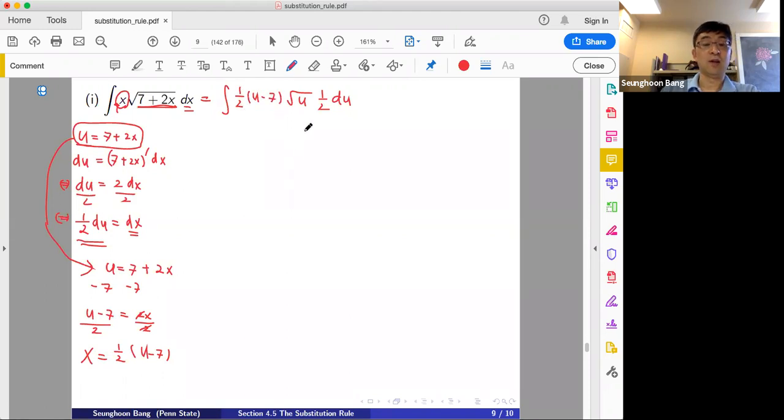We have it. Next, you can take out 1 over 2, and with the other 1 over 2, exactly 1 over 4, integral of u minus 7 times the square root of u, which is u to the 1/2. The next step, distribute u to the 1/2.